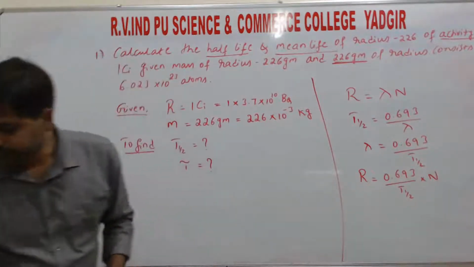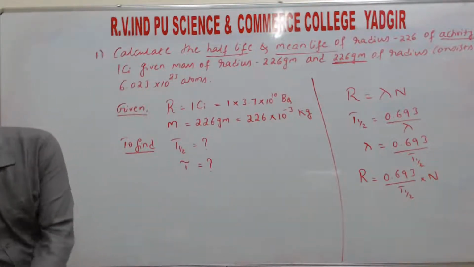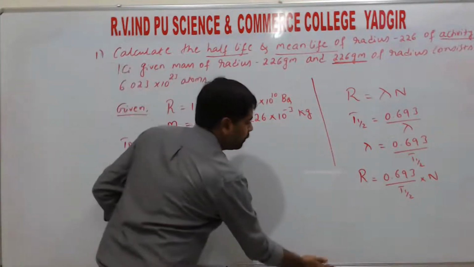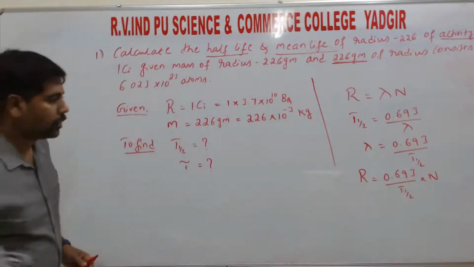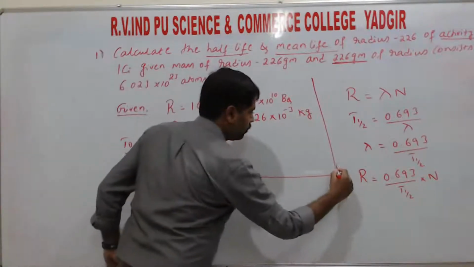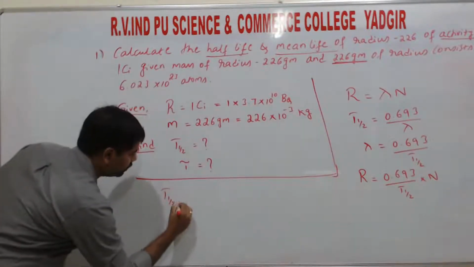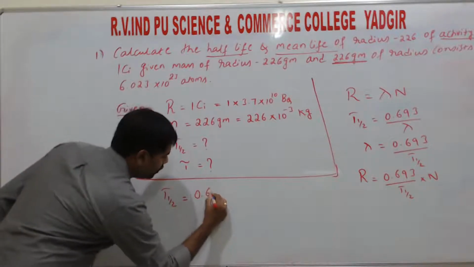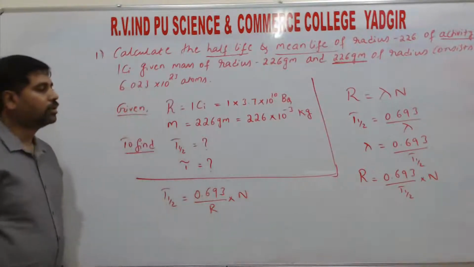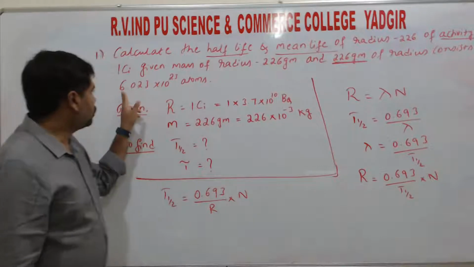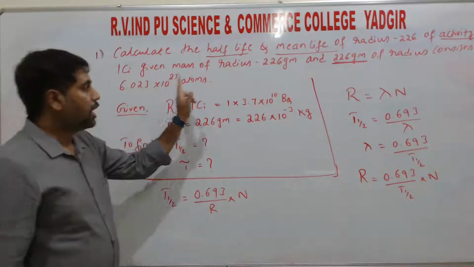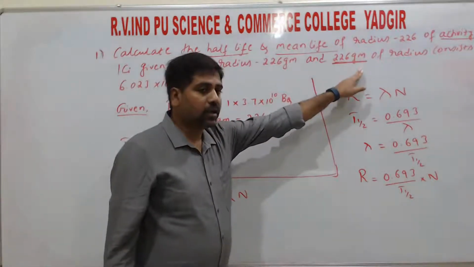So T half is equal to 0.693 divided by R into N. Here 1 gram consists of 6.023 into 10 to the power of 23 atoms, and here we have the mass of 226 grams, right?